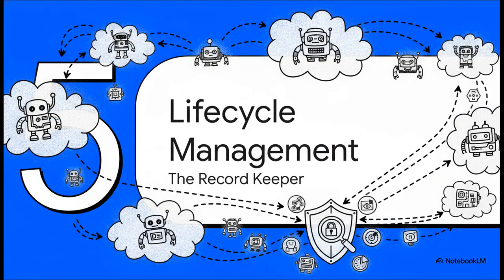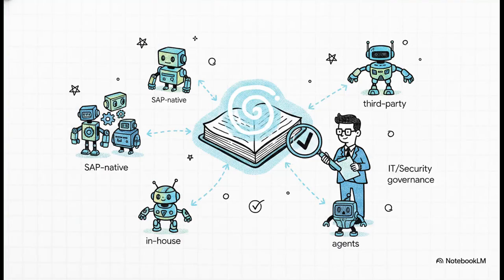Moving into Section 5, Managing the Agent Lifecycle. We need a record keeper. So think about this. With all these different agents running in different environments, doing different things, how does a massive enterprise prevent total chaos? The answer is the SAP AI Agent Hub. Living right inside SAP Linux, this is the single centralized system of record for the entire enterprise.